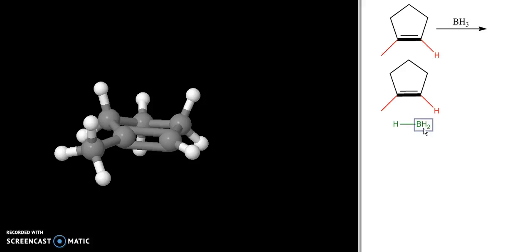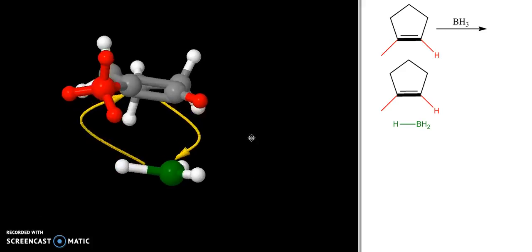The boron, the BH2 portion of the molecule, takes up a little bit more space than the hydrogen, and the CH3 is a little bit more sterically crowded. That's a little bit hard to see in this two-dimensional model. We can look at the three-dimensional model of this.